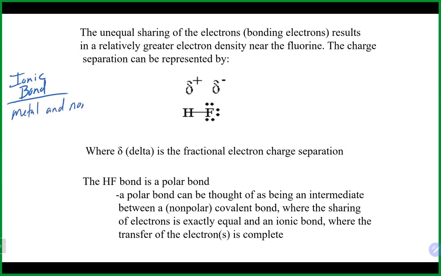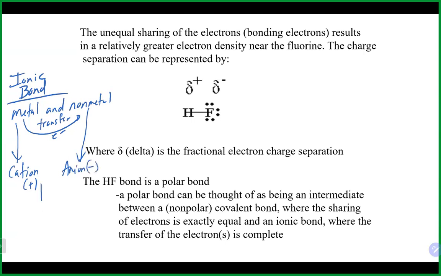And again, because of their differences in those periodic trends, we're going to get a full transfer of electrons from the metal to the non-metal. Metal always becoming the cation, which is positively charged, full transfer of electrons, and the non-metal becoming our anion, which is negatively charged. And again, no sharing of electrons here, that electrostatic attraction holds that together.